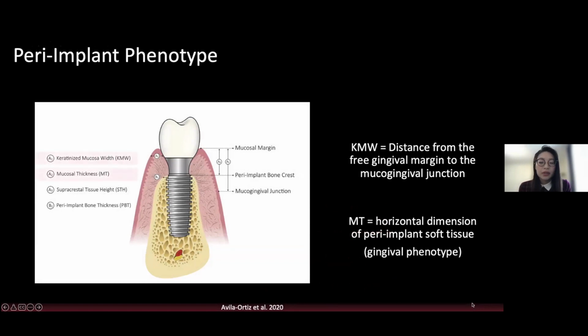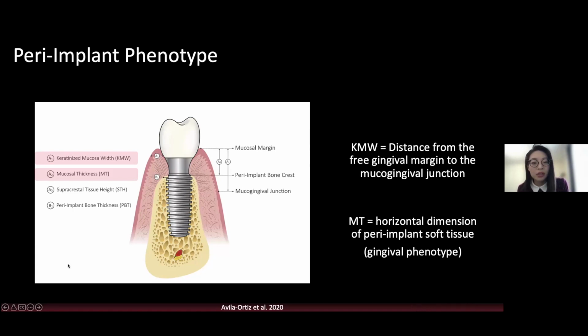So now I just want to define some of the terms I'll be using, and I want to reference a really great paper by Dr. Avila Ortiz et al. And this paper was a consensus statement to describe specific anatomic components of the peri-implant tissues and the dimensions of these components that may contribute to peri-implant health.